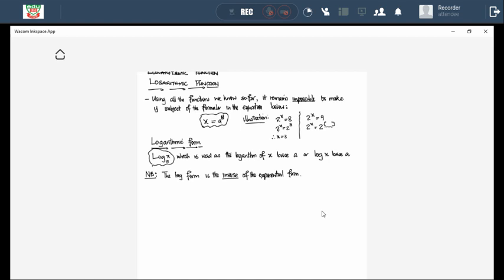So the inverse of a logarithmic form is the exponential form, and that of the exponential form is the logarithmic form, and vice versa. This is very, very important. That relationship between these two functions is what we're going to be cherishing, and what we are going to be using in different applications.